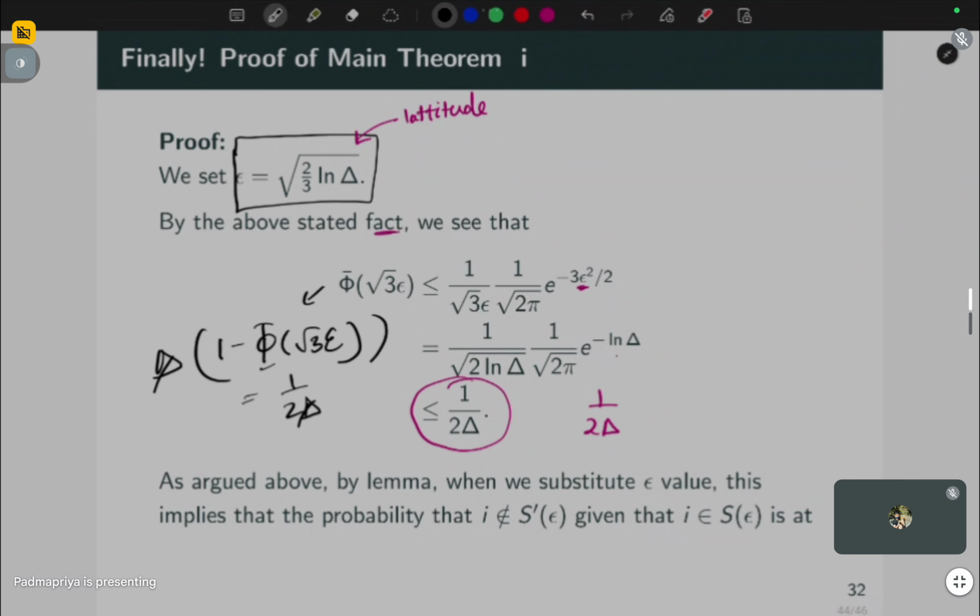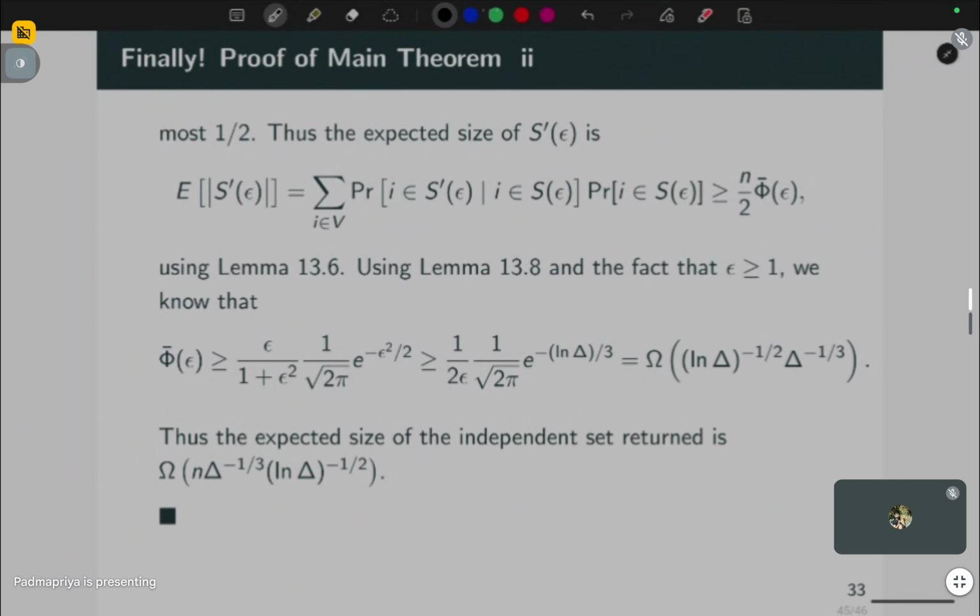So this is at most half. So at most half, this shows that on expectation, the size of this is going to be greater than or equal to n times 2. Again, phi prime is phi with one line above, it's just equal to 1 minus phi.